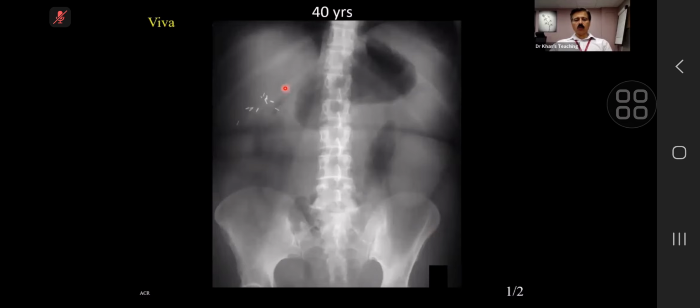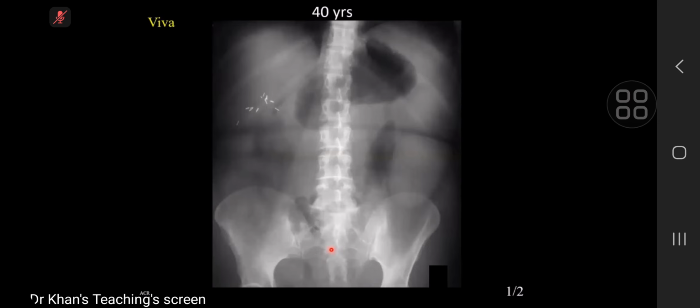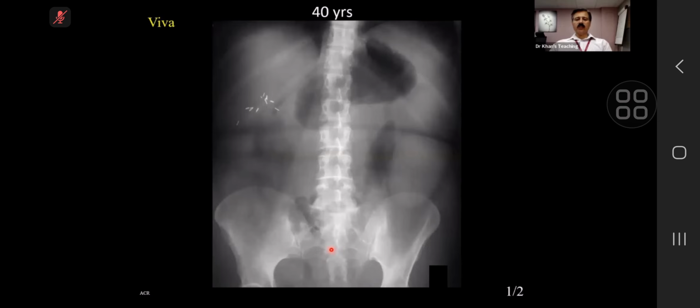So this patient is post-cholecystectomy, and I am not worried about this. Is there any abdominal visceral abnormality? Over to you, please. The spleen looks enlarged. Excellent. So this is the teaching point here, and this has come in the exam quite often.